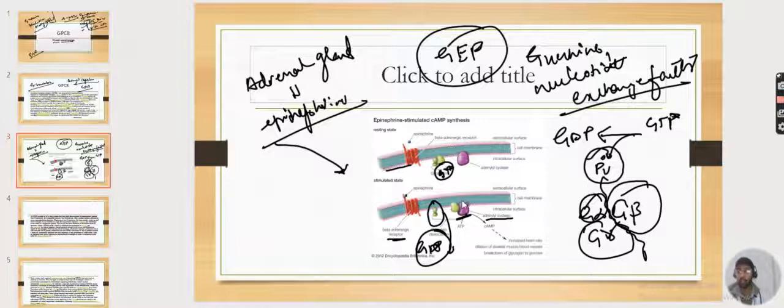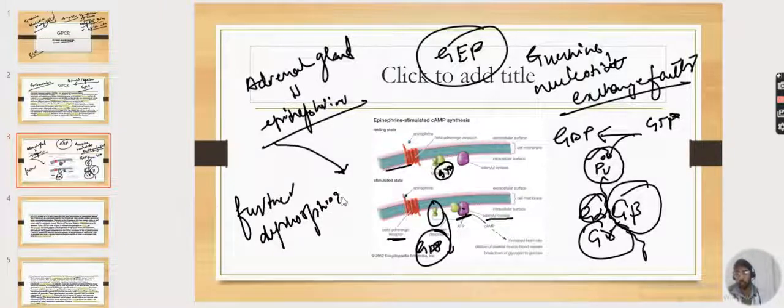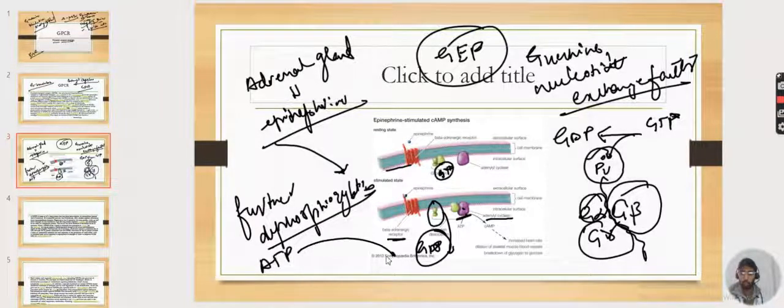Once G beta has joined the adenyl cyclase, this adenyl cyclase would do further dephosphorylation of ATP. It would change it into cyclic AMP. How would adenyl cyclase be activated?